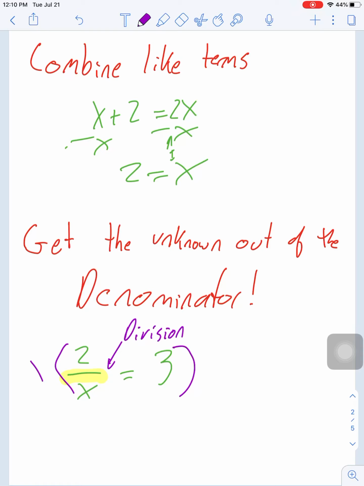So if we multiply both sides by x, x will get distributed to this side, and x will get distributed to this side. And so x times x will cancel out, and you're left with 2. And on the other side, x times 3 will end up with 3x. So we always want to get the unknown out of that denominator.